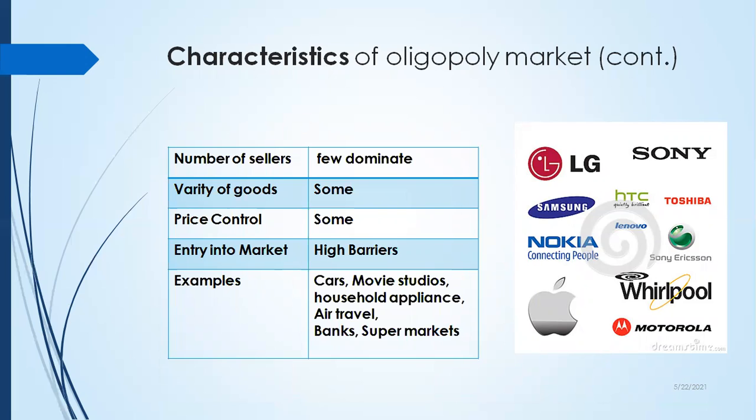Entry into the market has high barriers. We can see cars, movie studios, household appliances, air travel, banks, supermarkets, and the mobile phone industry as examples.